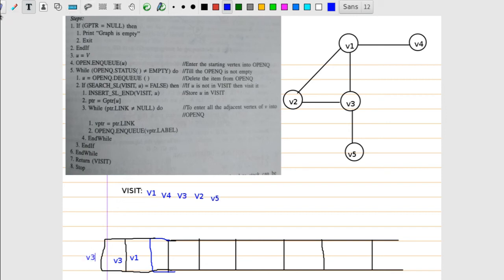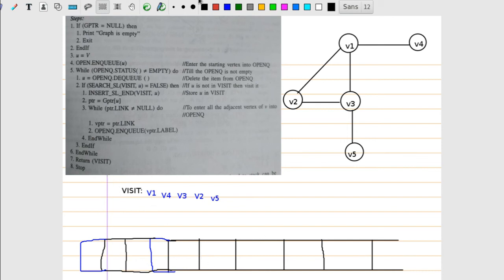Next we will take out V1. V1 is already there. Then we will take out V3. V3 is already there. Then again we will take out V3. So the queue becomes empty, and we return the visited list.